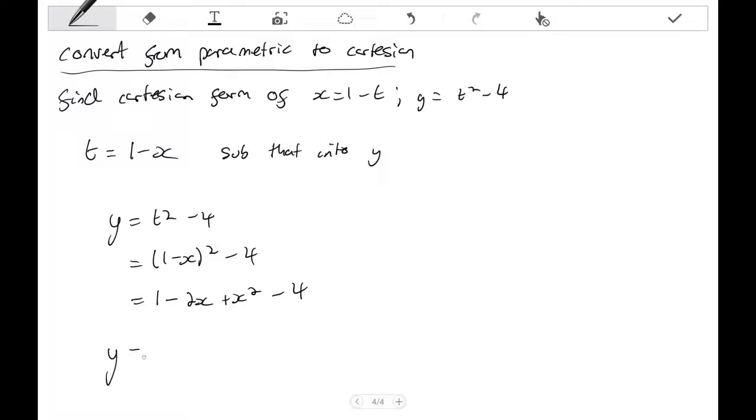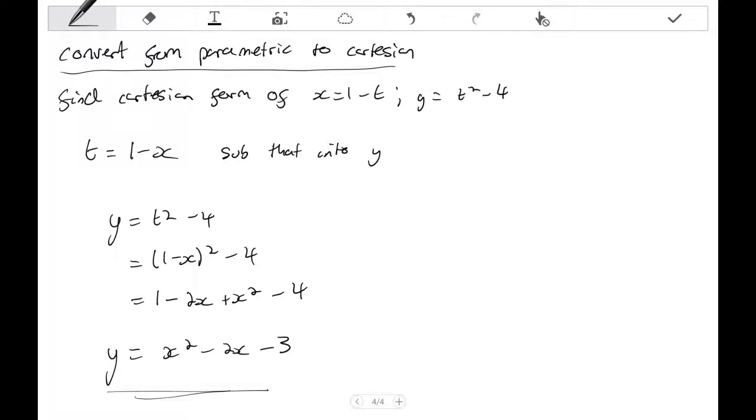So we'd be able to say that y would equal x squared minus 2x minus 3. Perfect. That's then the Cartesian form of these parametric equations.